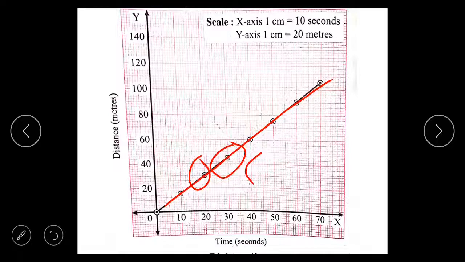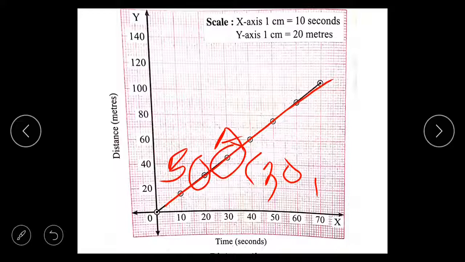Suppose this point is point A and this is our B point. So what are the coordinates of A point? On x-axis it is 30, on y-axis it is 45.